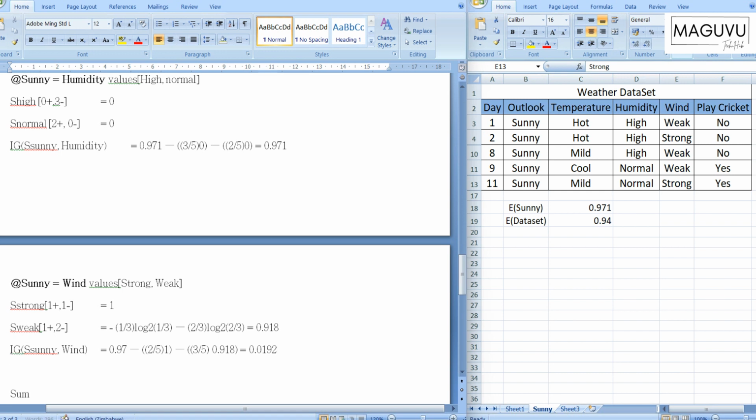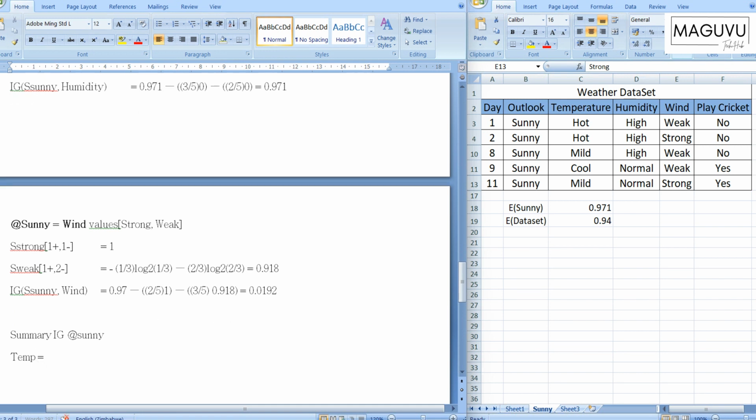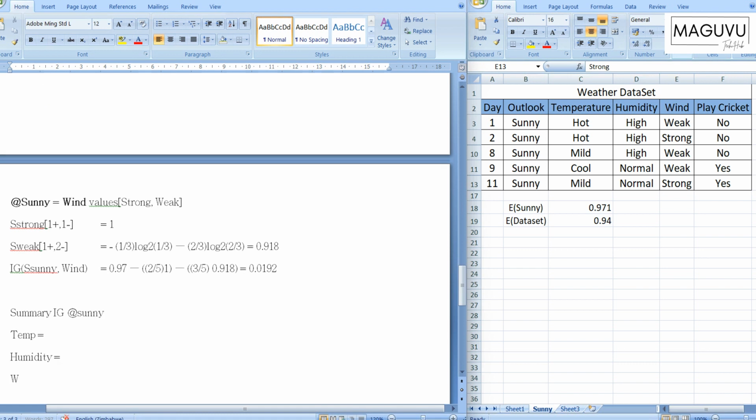And then we want to come up with a summary. Summary information gain while it's at sun, and we consider temperature, we consider humidity, and then we consider wind.